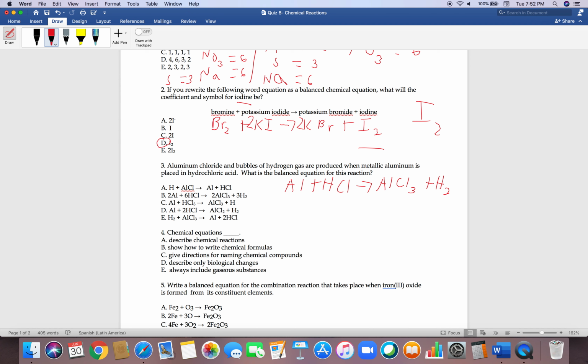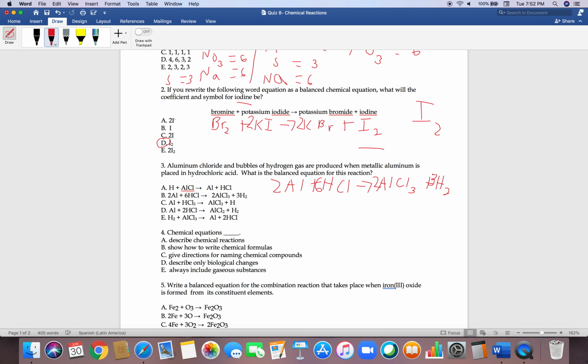So we've encountered that same 3 and 6 problem that we encountered above. So if I put a 3 in front of this hydrogen, and I put a 2 in front of here, then I am left with 6 hydrogen, 6 chlorine, and 2 aluminum.